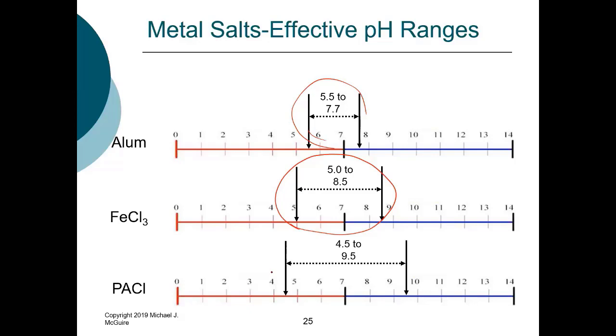And then this polyaluminum chloride is effective over an even wider range. So you can see why polyaluminum chloride is now one of the most common coagulants used in drinking water systems, because it is so effective over such a wide pH range.